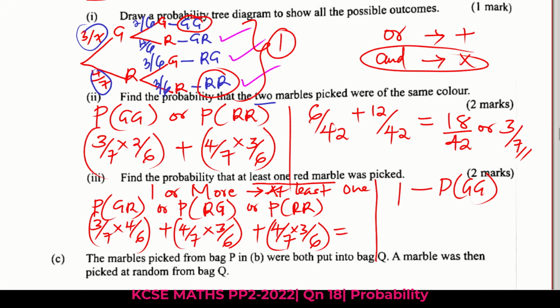So this is the easiest one. Just take 1, subtract the probability of picking green and green. Green and green is 3/7 times 2/6, and when you work this out, it gives 1/7. So 1 subtract 1/7 will be 6/7.